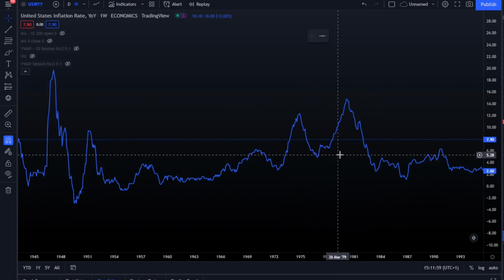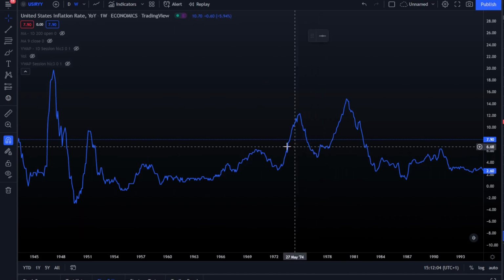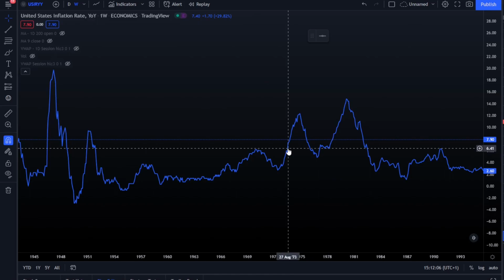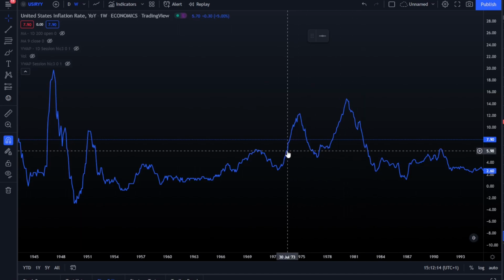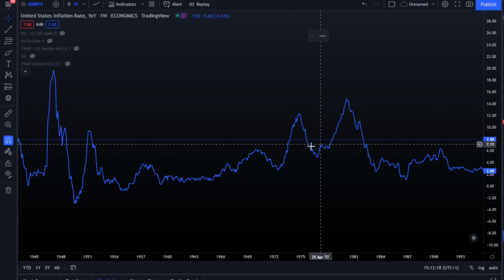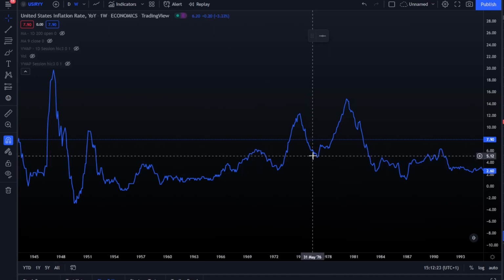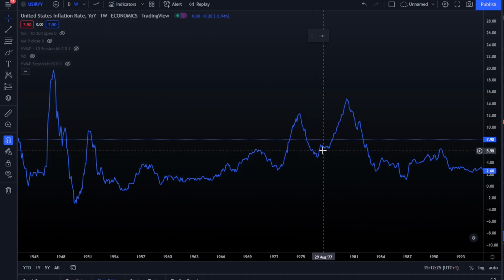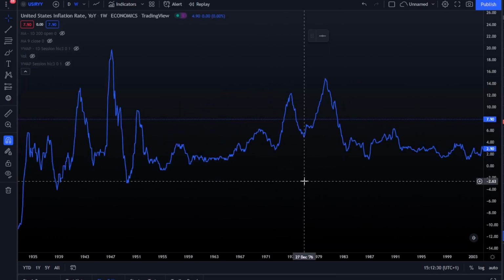Yes, we had this correction in inflation in 76 and 77 where it was a little bit lower, but really we had sustained inflation higher than 6% for pretty much the entire decade, from 73 until 82, of course excluding the little deviation where we had some low inflation in 1976, 1977. So what I'm trying to suggest is that we've got to be prepared for potentially a decade of high inflation.